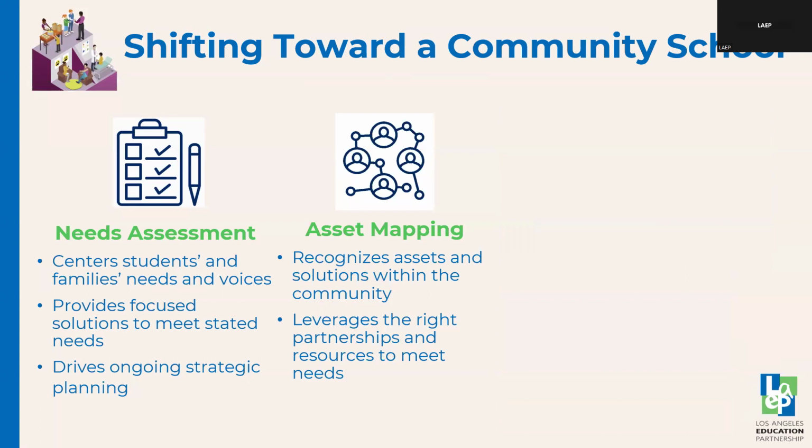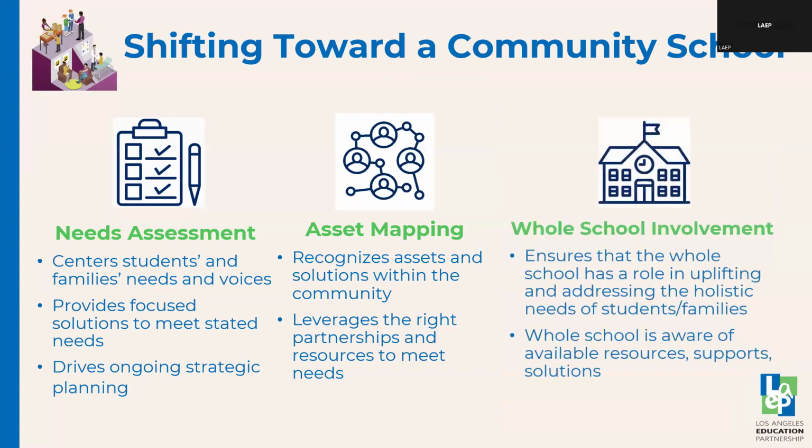So now let's briefly talk about the whole school involvement. This means that the whole school has a role in uplifting and addressing the holistic needs of students and families. The whole school is aware of available resources, supports, and solutions. This would require coordinated and effective communication, which may also be a shift in how things are done.